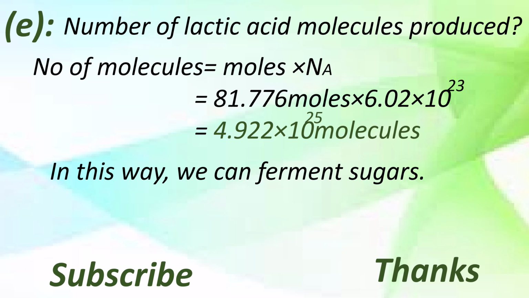After solving, the number of lactic acid molecules is calculated to be 4.922 exponent 25 molecules. So we have calculated the number of lactic acid molecules. In this way we can calculate different quantities in lactic acid fermentation.